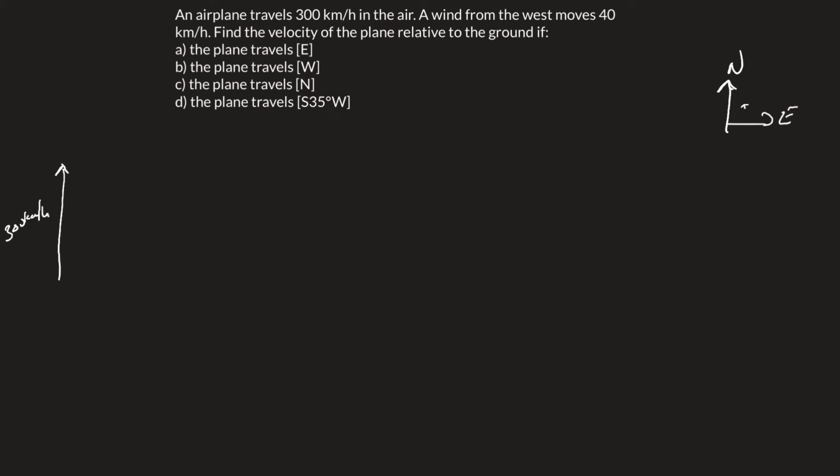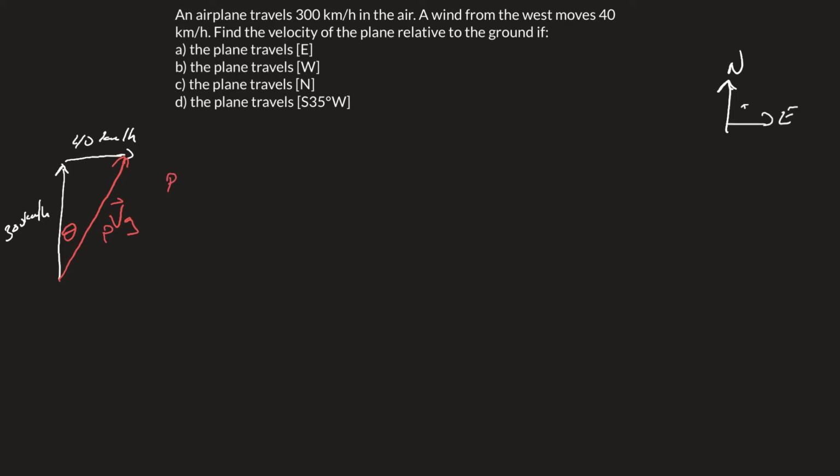And the wind is traveling east, or west to east, sorry. So that's 40 kilometers per hour. So obviously, we're going to finish off this triangle and we're going to need to solve for that angle. The hypotenuse of the triangle is the plane's velocity relative to the ground. And we can solve this by using our Pythagorean theorem.